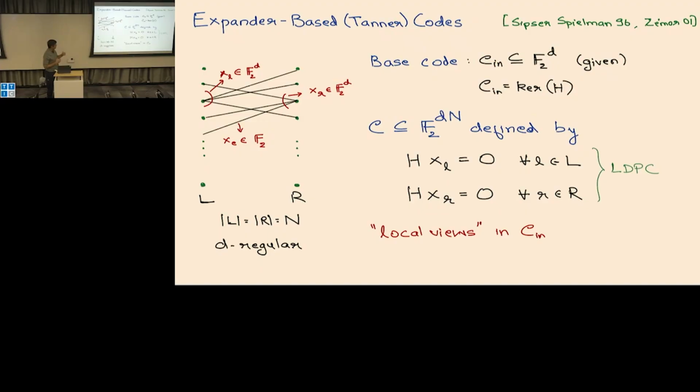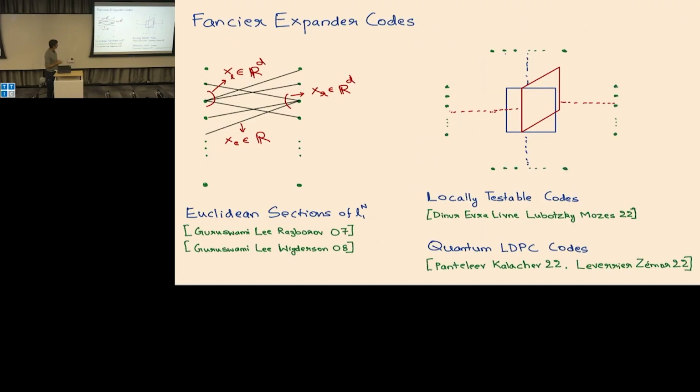Okay, so this is one construction, and there are other variants of this. In fact, it's been used in lots of interesting ways, including codes over reals with interesting geometric properties, and recent constructions of so-called locally testable codes, where with these LDPC checks, you don't even need to check all of them, but to do some robust check, if you only check a constant number of them, then you can say if something is either a code word or far from a code word.